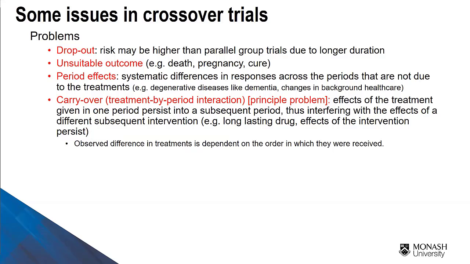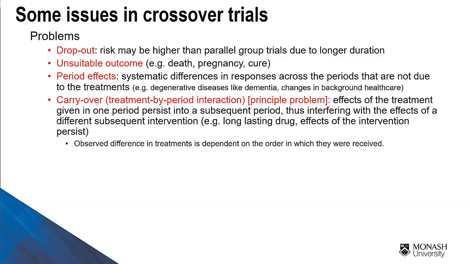And then the other, I guess, major concern really is carryover effects, or what they're sometimes called, treatment by period interactions. And this is where the effects of the treatment that are given in one period persist into the subsequent period. And so by doing so, they can interfere with the effects of a different subsequent intervention. This can occur, for example, where you've got long-lasting drugs with a long half-life that are still in someone's system when you measure their outcomes in the second period.